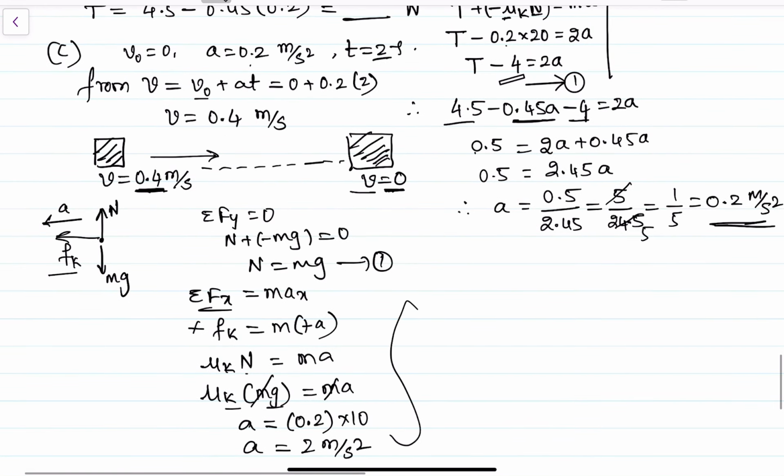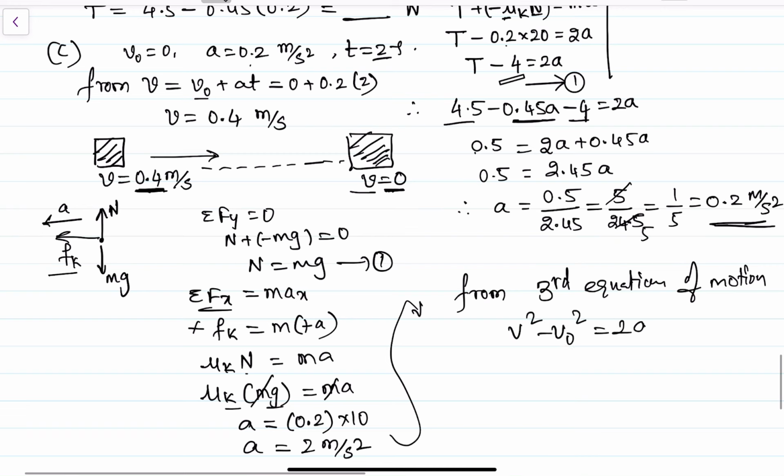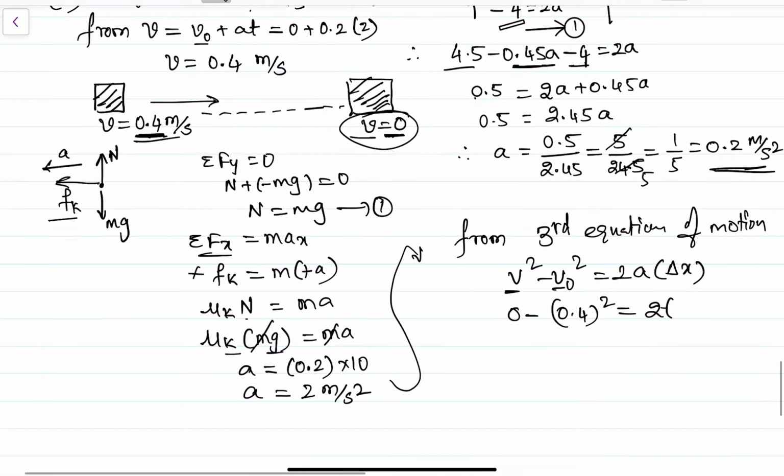So here from the third equation of motion, that is v square minus v0 square is equal to 2a into delta x. So final velocity is equal to 0 in this case, minus initial velocity is how much? 0.4 whole square is equal to 2a.